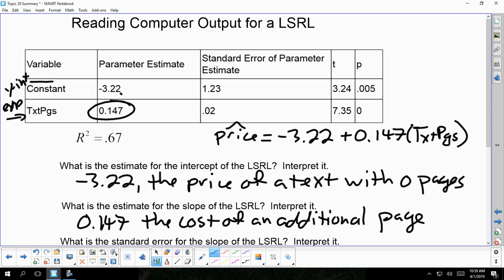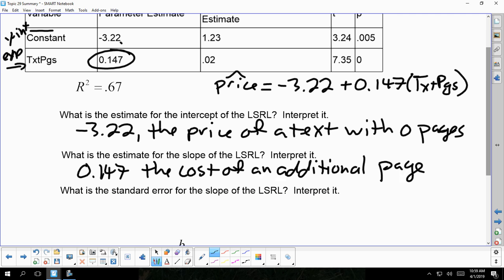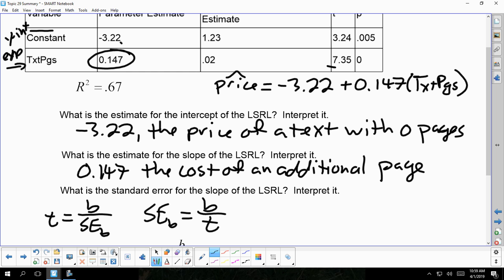And then the standard error. Remember, our t equals the slope divided by the standard error of the slope. So the standard error of the slope is going to be b divided by t. We're given t over here, and we're given the slope here. So we have 0.147 divided by 7.35.